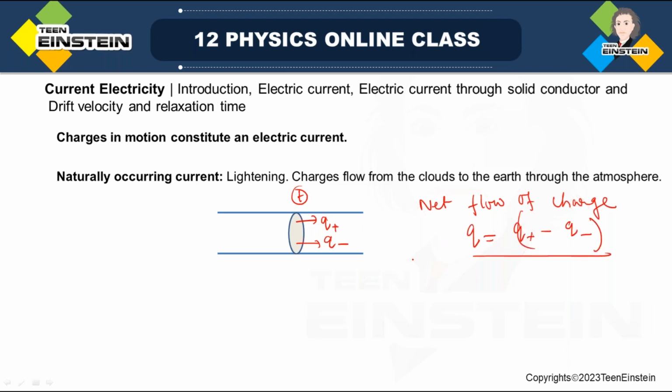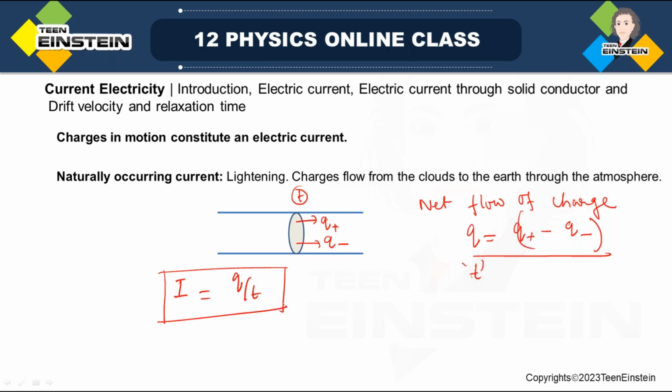This net flow of charge is happening during time interval t, and the electric current is defined as this net flow of charge per unit time, per second. So the electric current is denoted by I, and it is defined as Q by t. This is the net flow of charge.